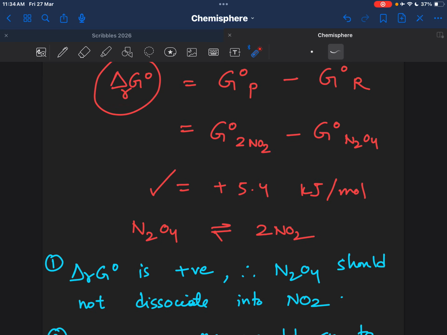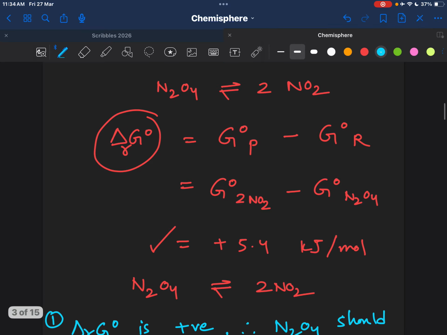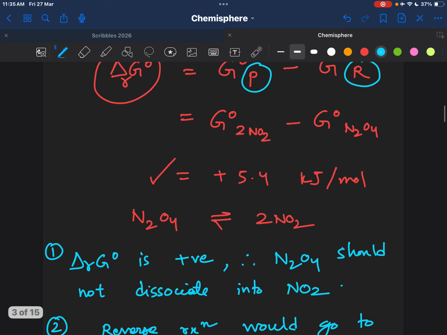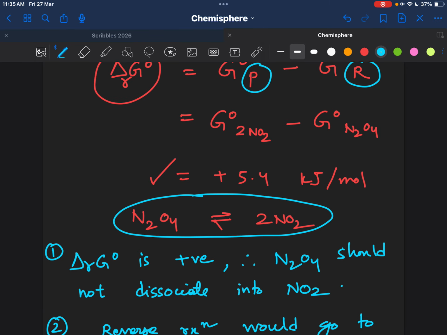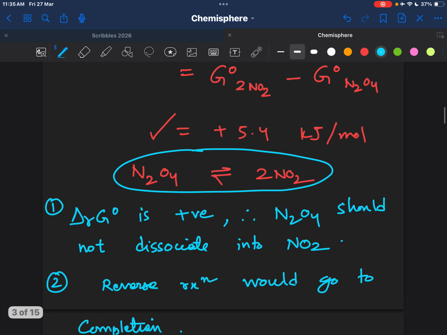Why are they misleading? Because this is a reversible reaction. This is talking about an irreversible reaction. Delta R G naught is assuming that the reactant completely becomes the product. But this doesn't happen here because this is a reversible reaction which approaches equilibrium.